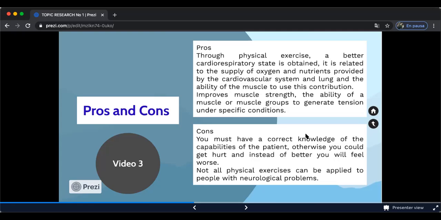In the cons, you must have a correct knowledge of the capacity of the patient, otherwise you could get hurt and instead of feeling better you will feel worse. Not all physical exercise can be applied to people with neurological problems.